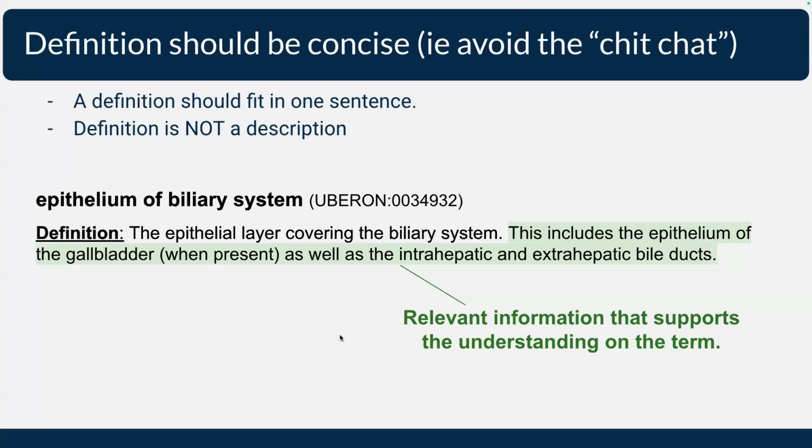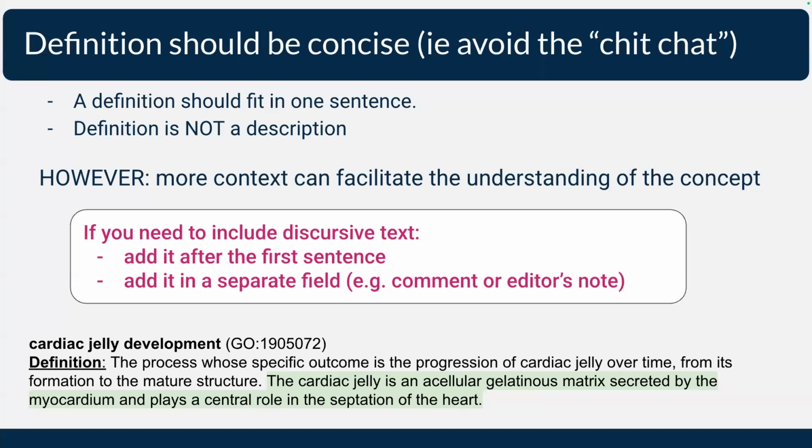what that concept is. So basically, the definition should fit in one sentence, and the definition is not a description. However, giving more context can really help the understanding of what the concept is. So adding a definition of one of the terms helps, like we saw with the cardiac jelly.